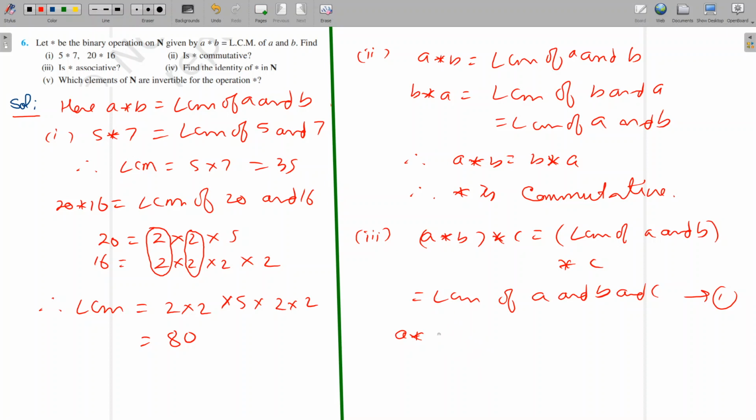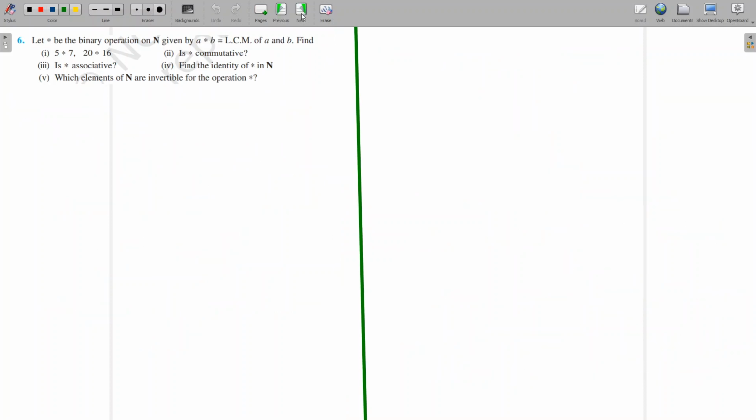A star (B star C), we write it as A star, B star C stands for LCM of B and C, and now applying A star, LCM of B and C will get equal to LCM of A and B and C. Therefore, from 1 and 2, we can say that (A star B) star C is same as A star (B star C).